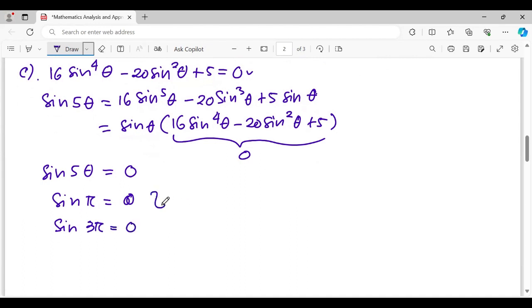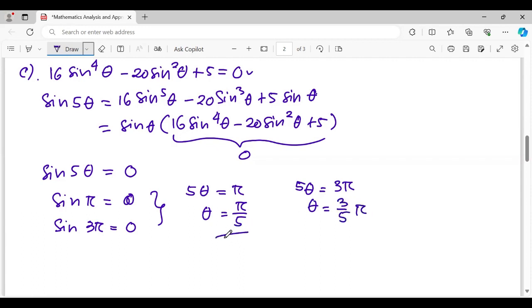So 5 theta equals pi, so theta equals pi over 5, and 5 theta equals 3 pi, so theta equals 3 pi over 5. So, proven.